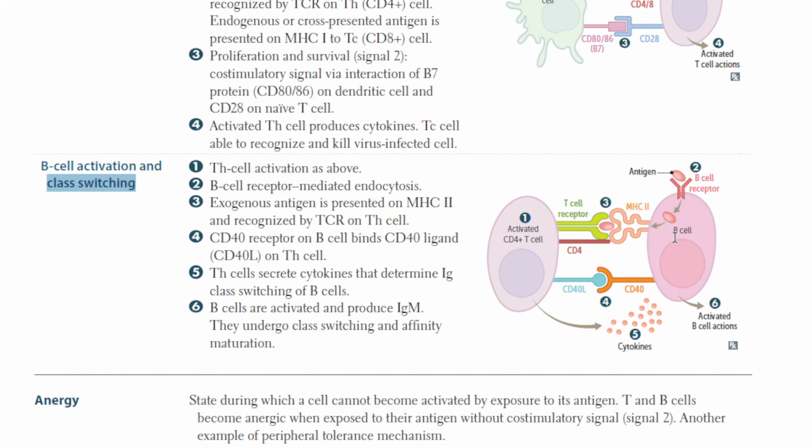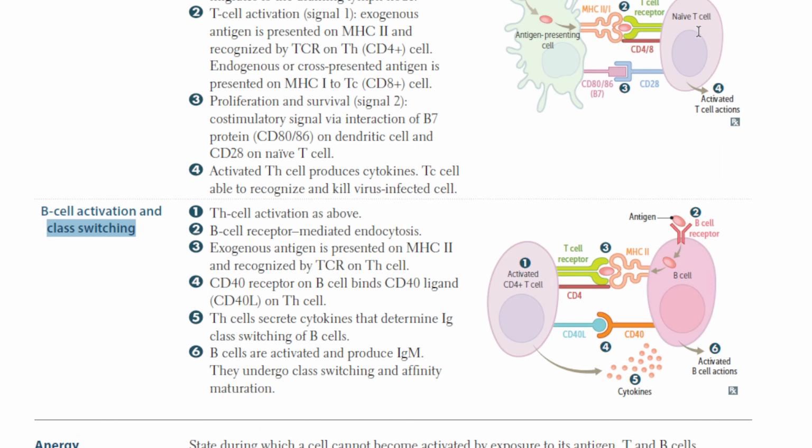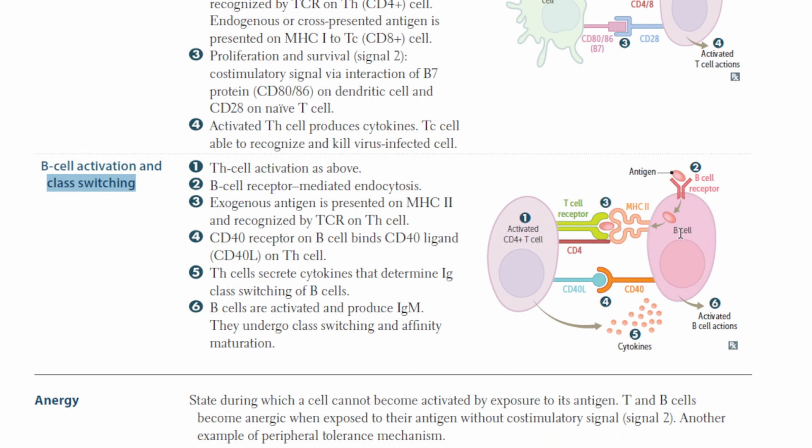This is a mature B cell, because the other one was a naive B cell. Exogenous antigen is presented through MHC2 and recognized by the T cell receptor on the Th cell.